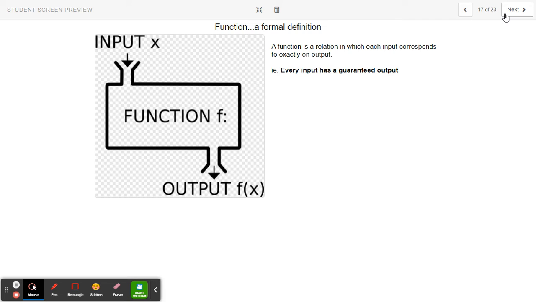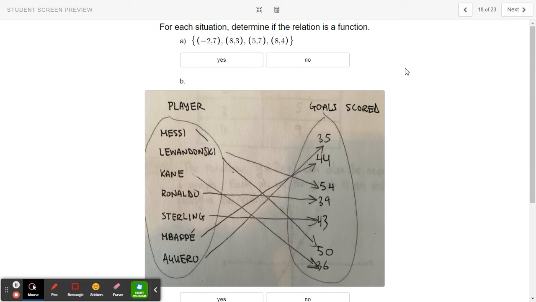And again, that helps us define the formal definition of a function. It's a relation where each input corresponds to exactly one output. Okay, for every input, there's only one output. And here, for each situation, we determine if the relation is a function.